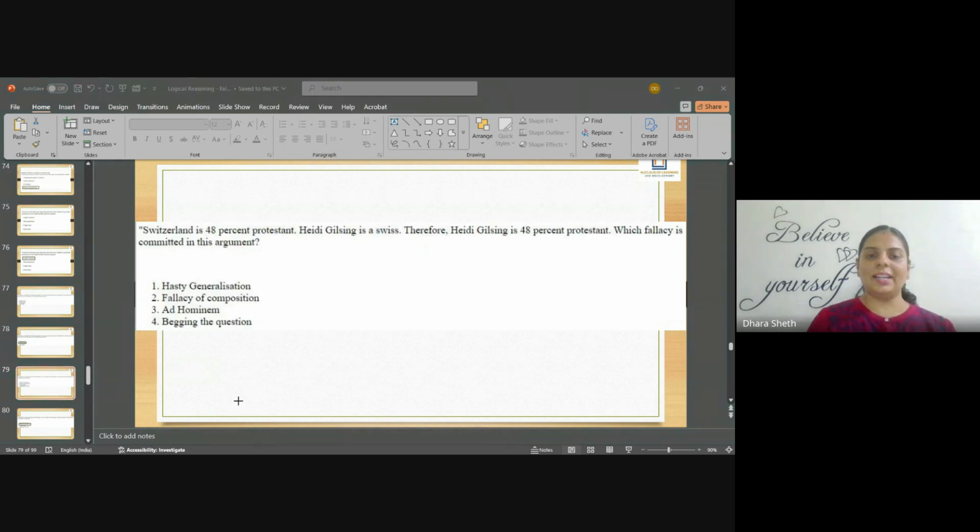Next, Switzerland is 48% Protestant. See, Protestant means just like in India, we have different religious following. Although we fall under Hindu, everyone follows a different religious sect.